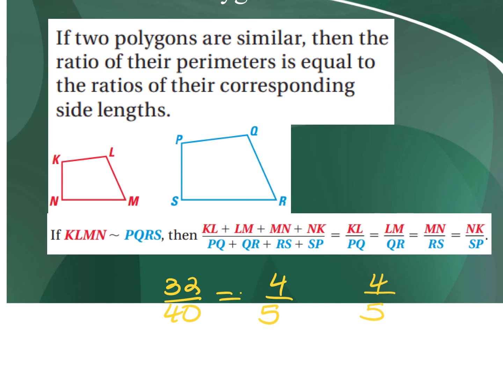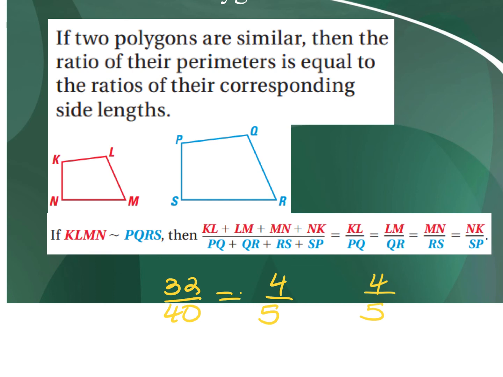So for the perimeter, remember the ratio is the same as any of the ratios of the side lengths, which is also the ratio of the scale factor.